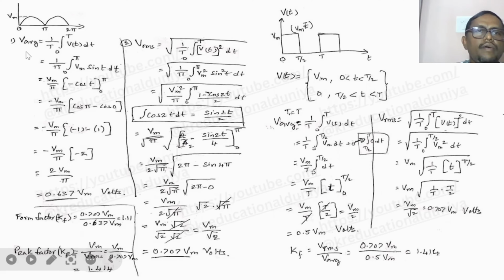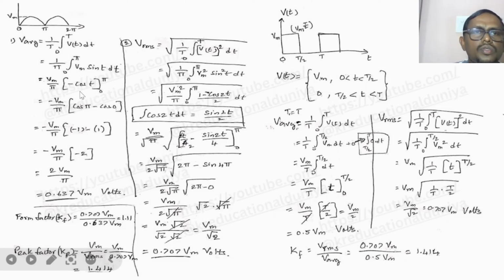So V average equal to 1 by T integral 0 to T V of t dt. What is T? Pi value, right? So equal to 1 by pi integral 0 to pi Vm sin t dt, equal to Vm by pi in brackets minus cos t, and the limits are pi to 0.